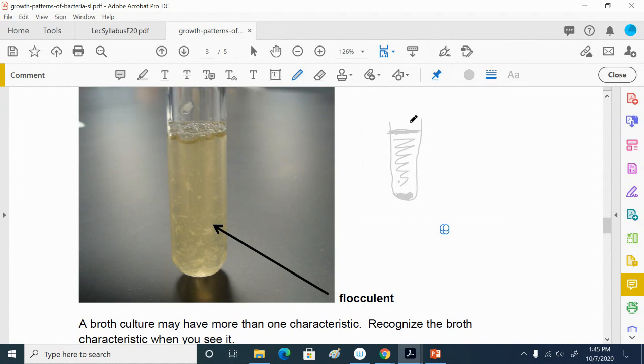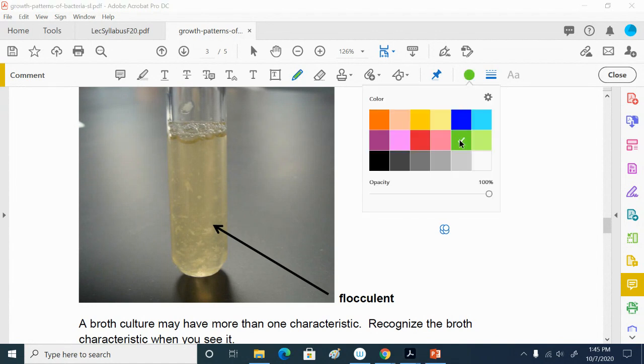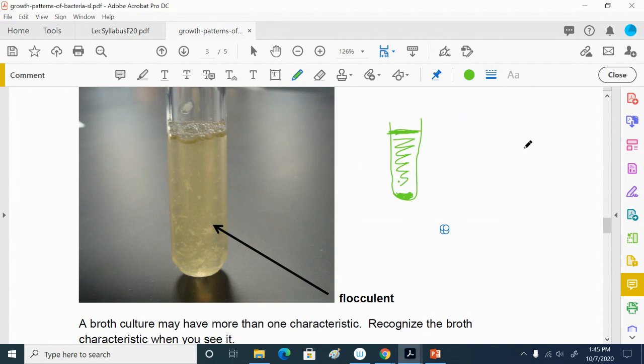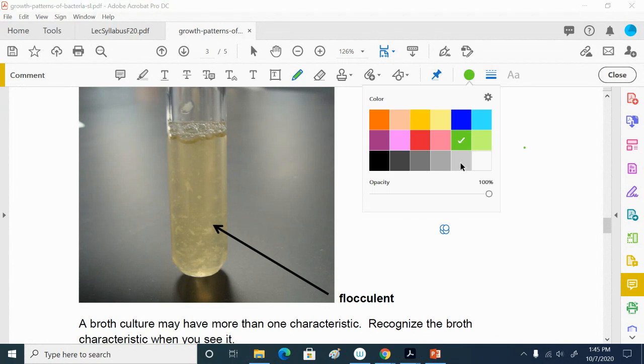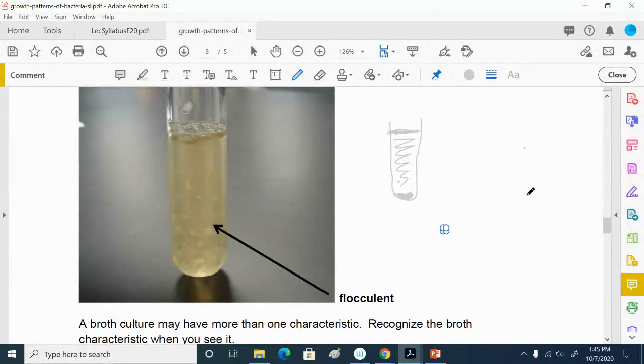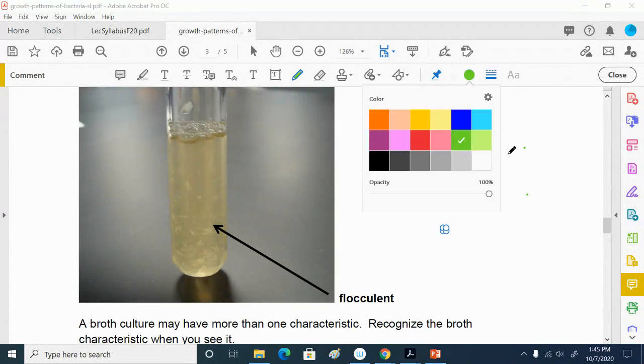Now, if this were the Pseudomonas tube... it's not what I wanted to do. Let me go back. Can I change that? Nope.